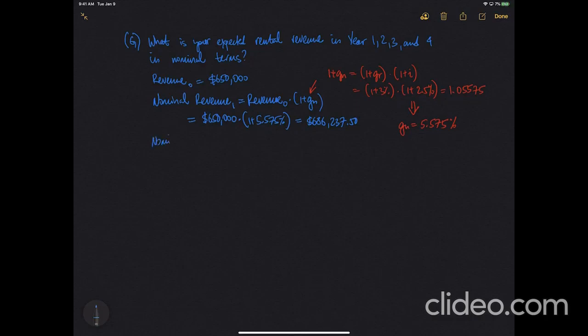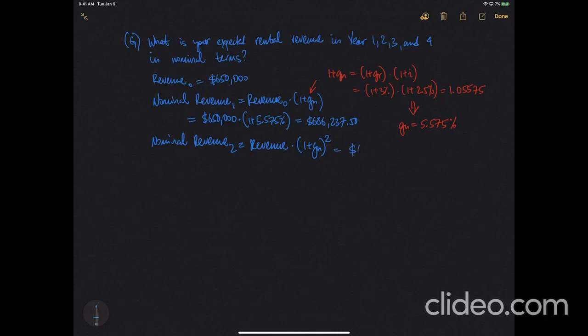Now, continuing this logic, nominal revenue in year 2 is going to be current revenue multiplied by 1 plus nominal growth rate squared, again, because we received this revenue in year 2, and therefore it grows for 2 years at this growth rate GN.